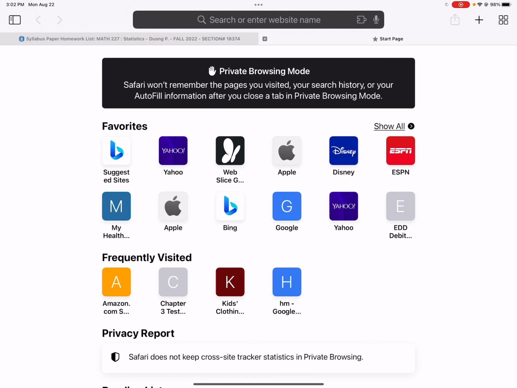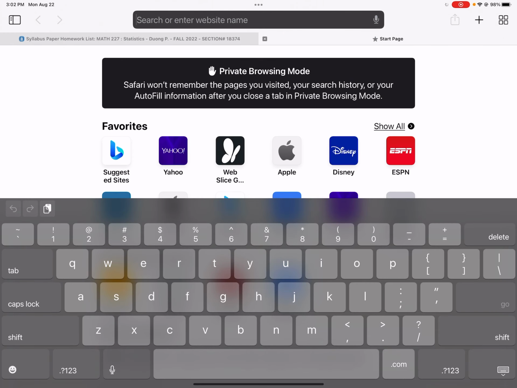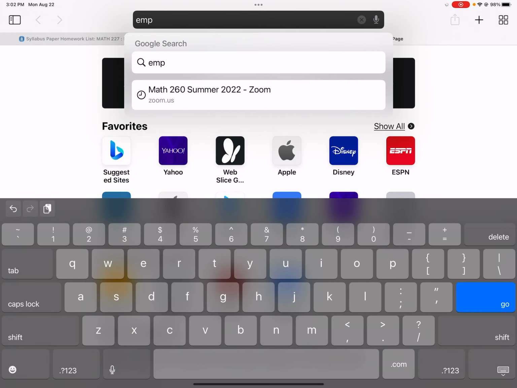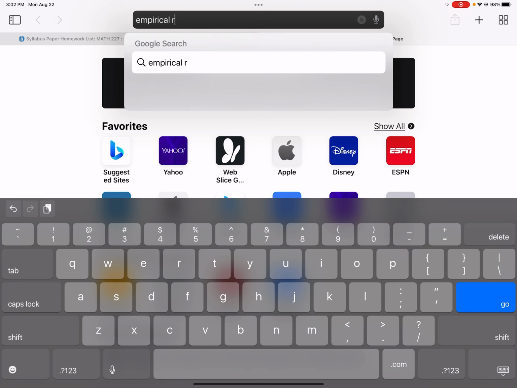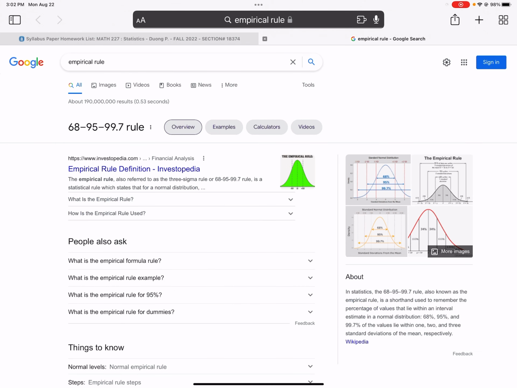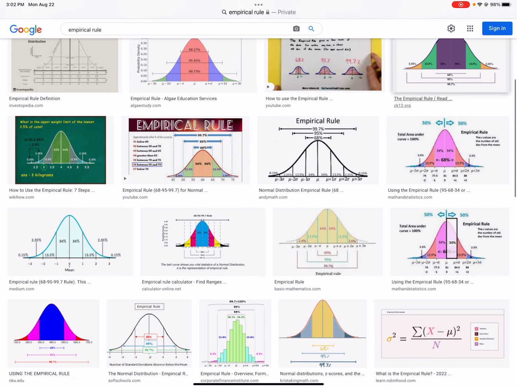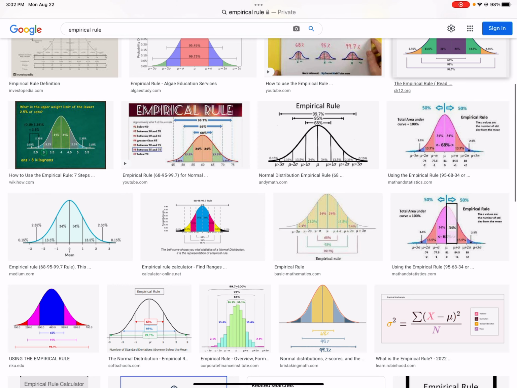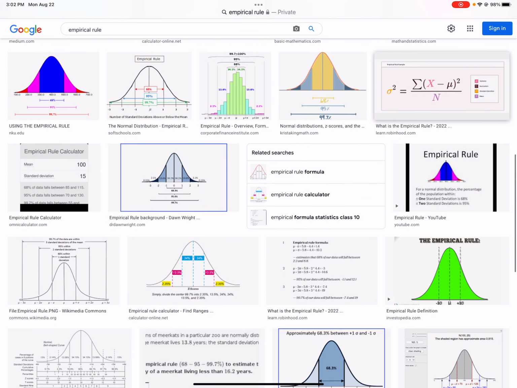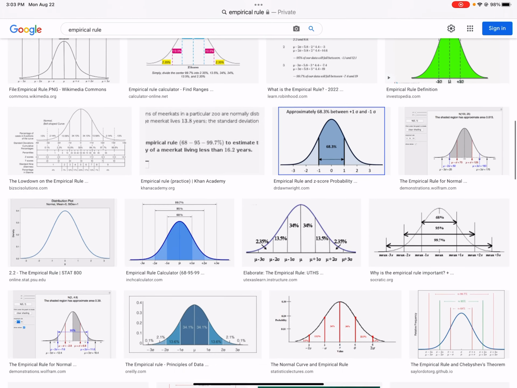You just go to Google and type empirical rule, and then I click on images. Then I have a lot of them. I just use one of the shapes in here.